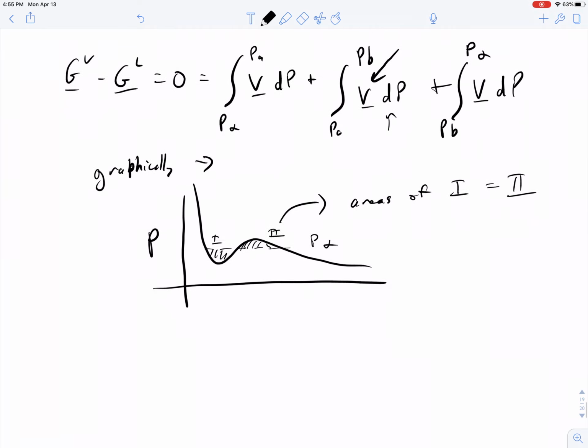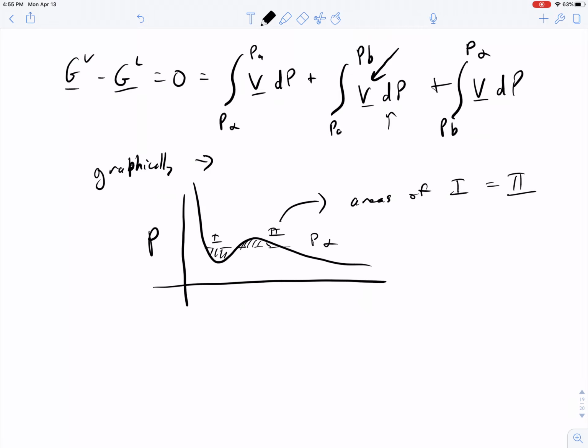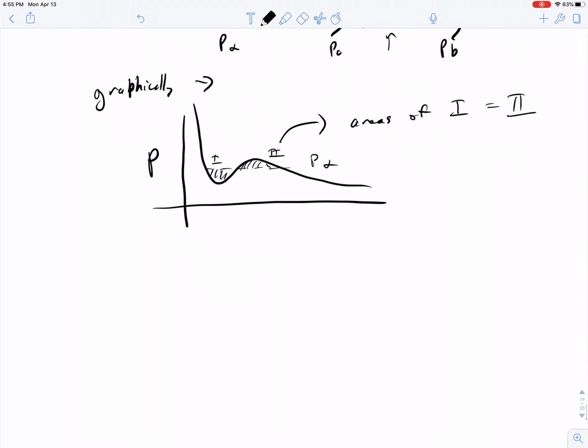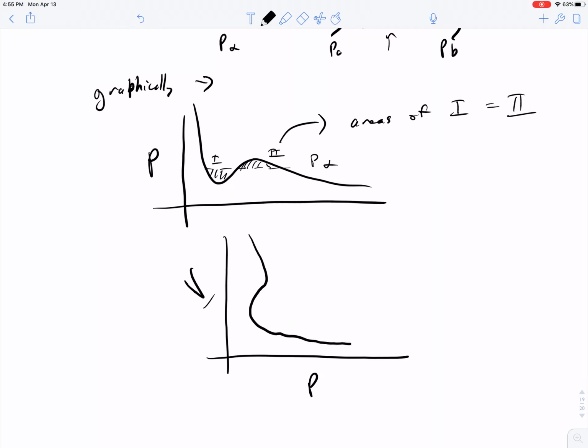But really, when you're doing the integral, it's so different than the other types of integrals that you're used to. Because if you flip this around to somehow get V as how it depends on P, it's no longer a function. If P was the independent variable, the whole graph would look like this.